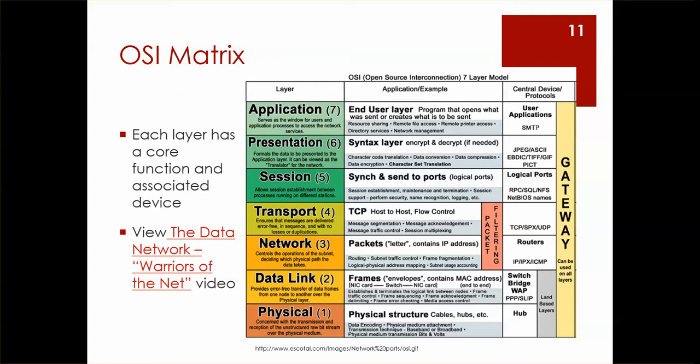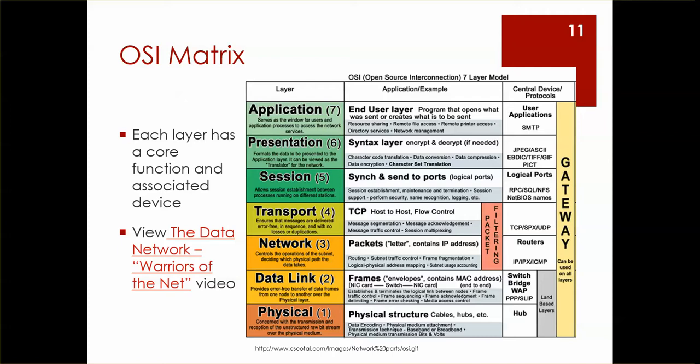From the session, we're going to the transport layer. The basic objective of the transport layer is to assure that the data from the session layer is translated into a format that can be understood by network devices.